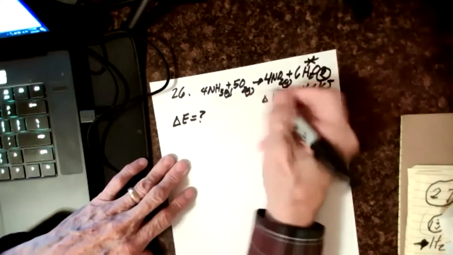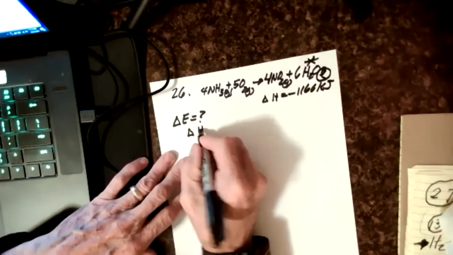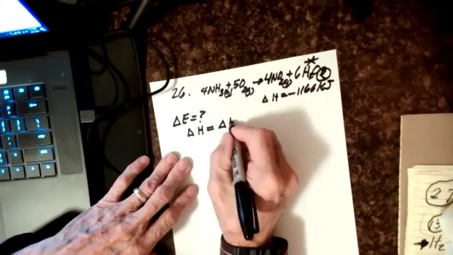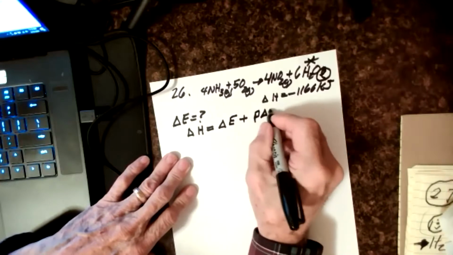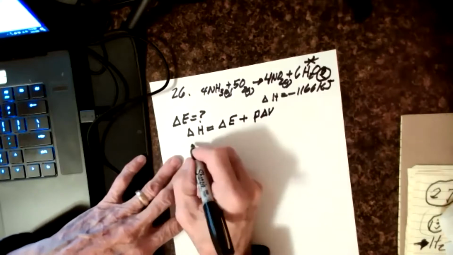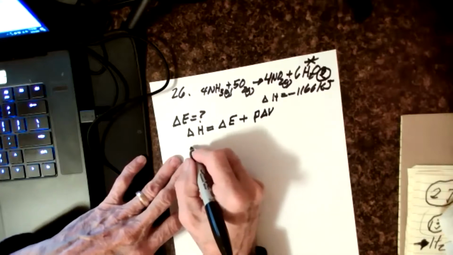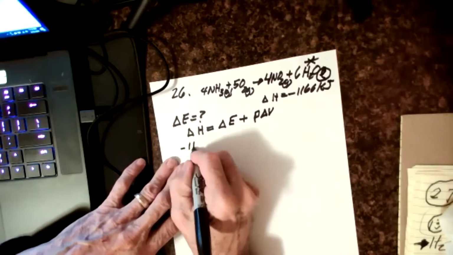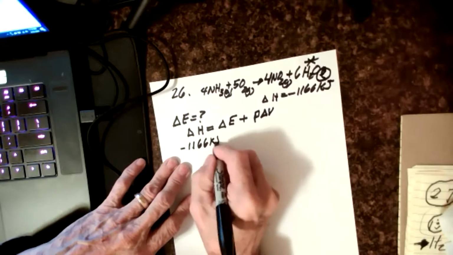Okay, we need to remember the relationship. Delta H is E plus PV, so delta H is equal to delta E plus P delta V. We're at constant pressure, and that's going to be minus the work, okay? So, delta H, I have a number. It's minus 1166 kilojoules.